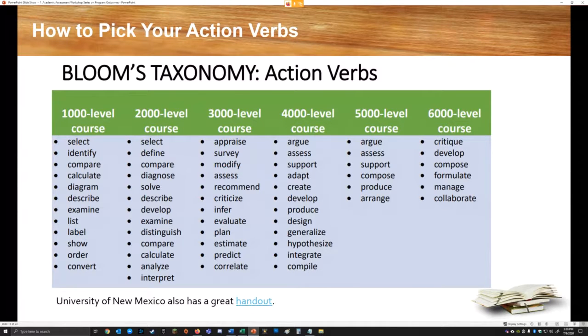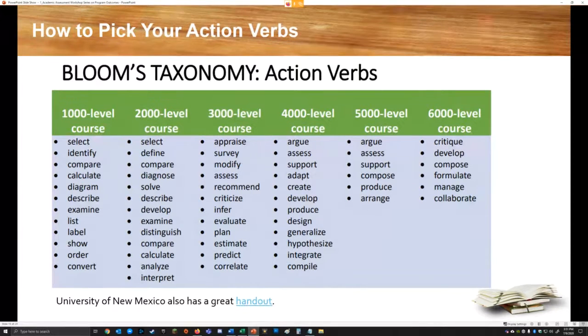You need to describe that information. So it's okay to have that in a graduate level course, but there'll be more of the 500 and 600 level where, once they identify these things, they are able to compose or argue or develop from that information more information and more in depth. And that's where the rigor comes into play. So using those higher level action verbs.